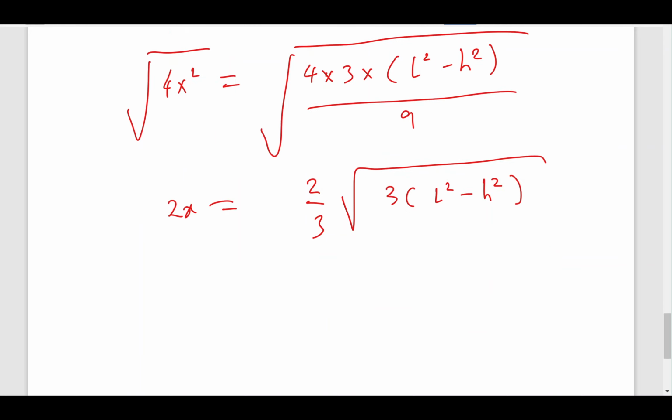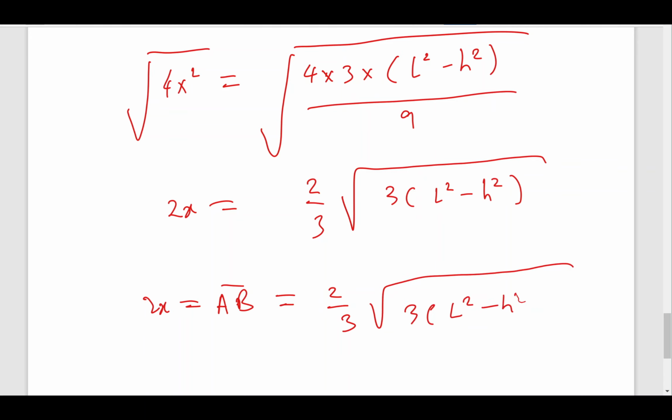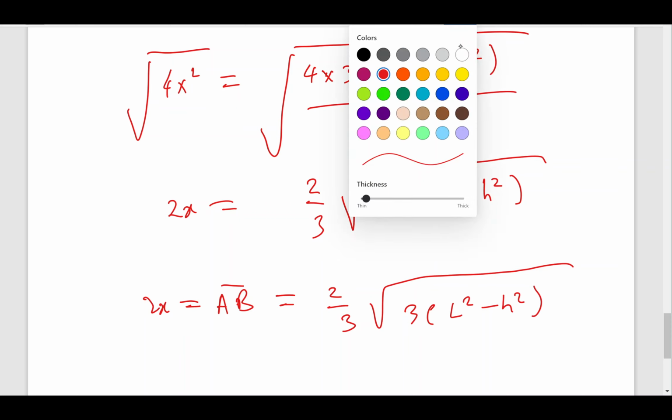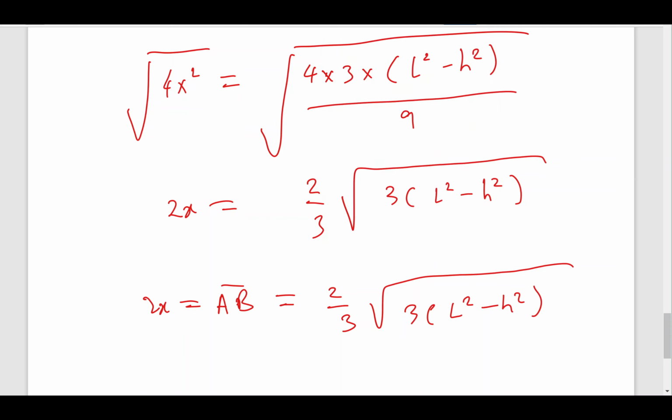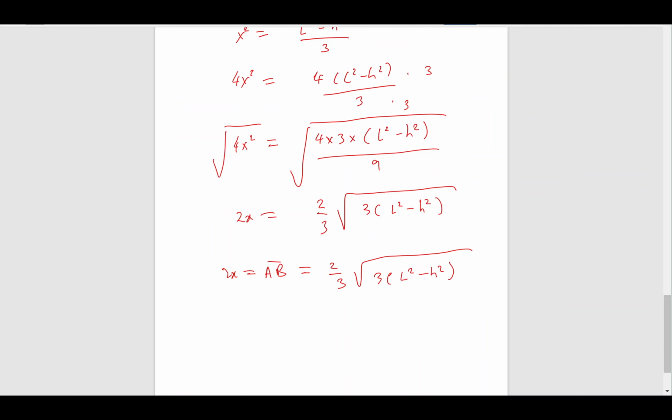But 2x is AB, and AB is 2 over 3 square root of 3 l square minus h square. And that is how we were supposed to show it. So you can say hence shown, dear students.